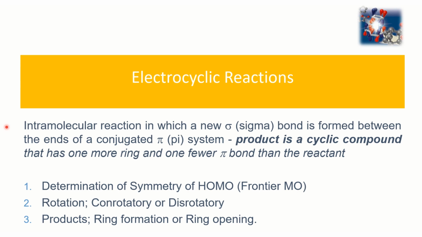We can push forward from left to right in a ring forming reaction where the ring has fewer pi bonds than the reactant, or we can even have the reverse where the ring itself breaks down to give you an acyclic system which has an extra pi bond. We'll show you that later on.